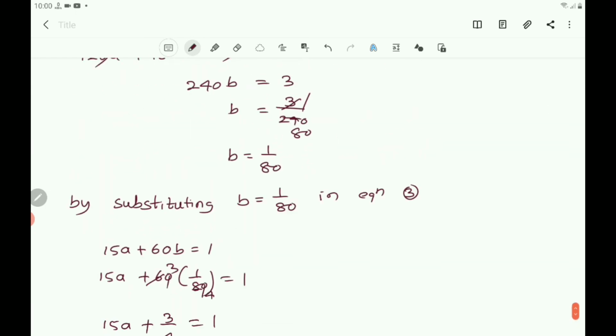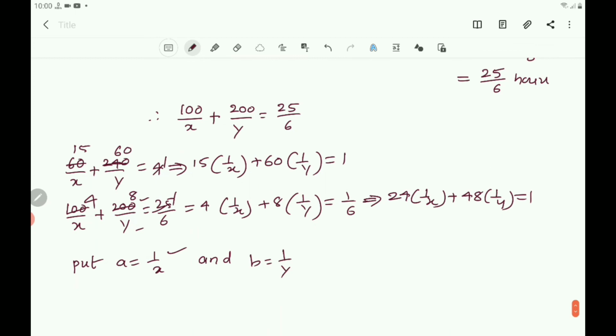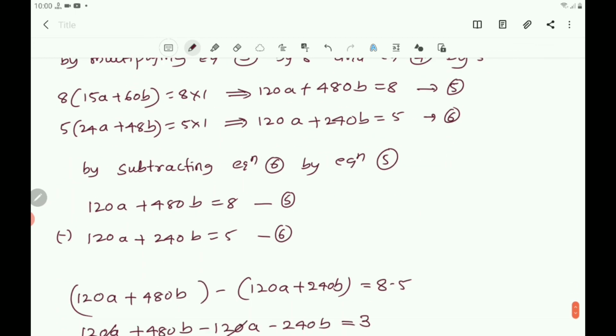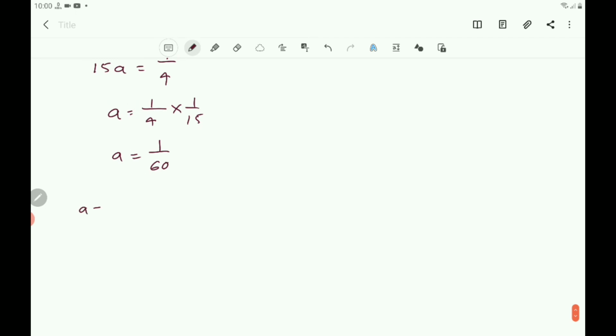Here we have taken a as 1 by x and b as 1 by y. So you write a equals 1 by x equals 1 by 60. That implies 1 by 60 equals 1 by x. You do the cross multiplication and get x equals 60.